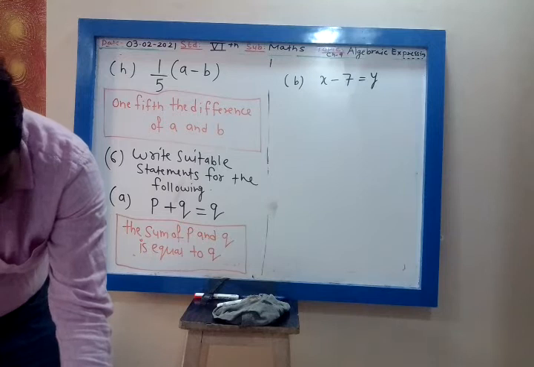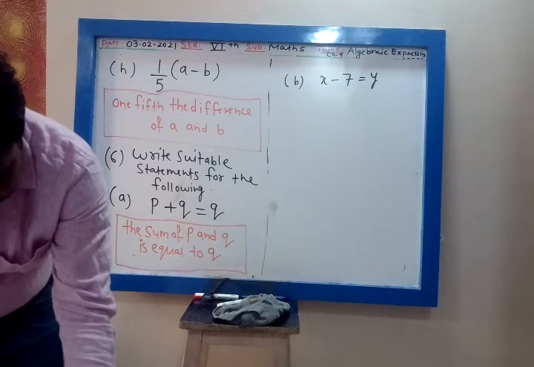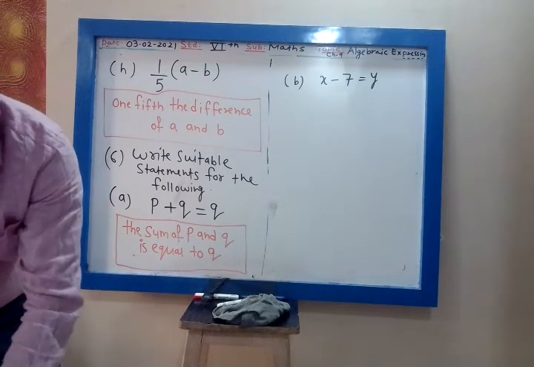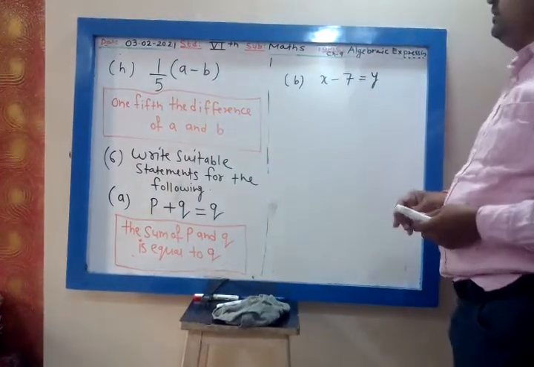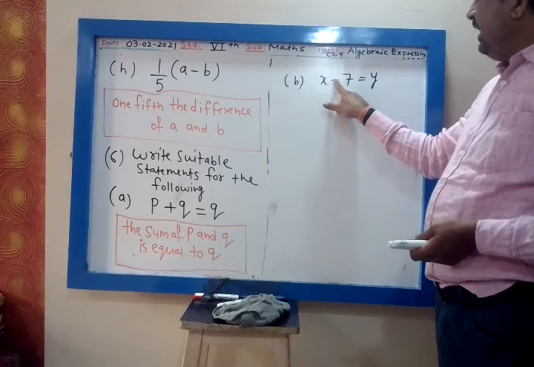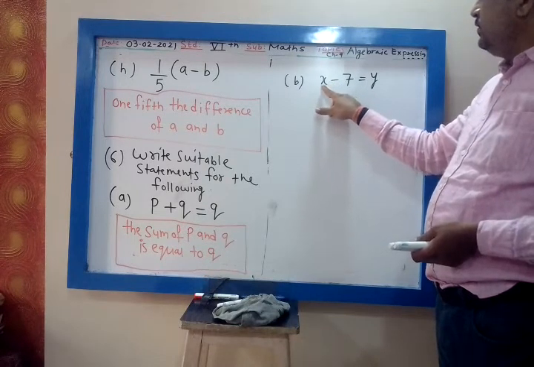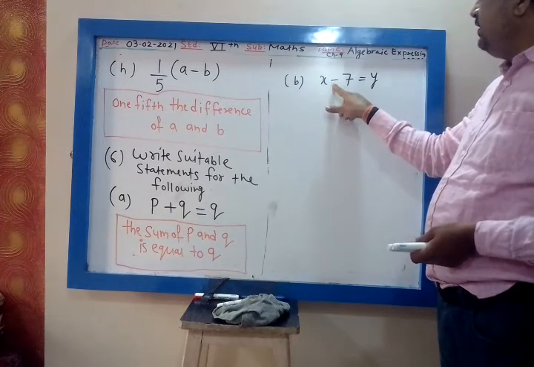So what do you write? Minus means decrease. So x decreased by 7.